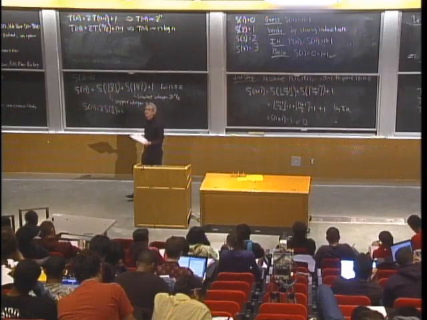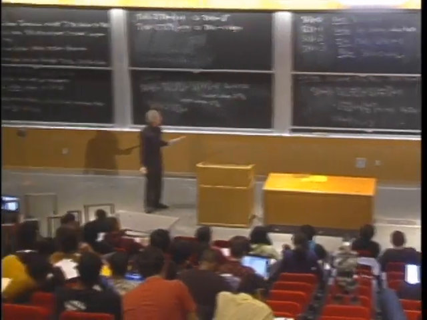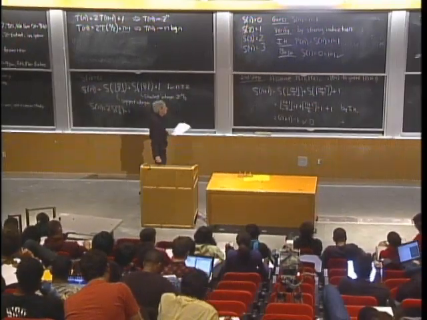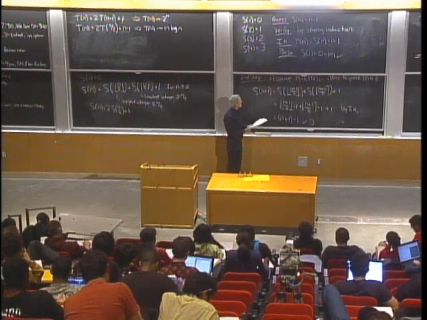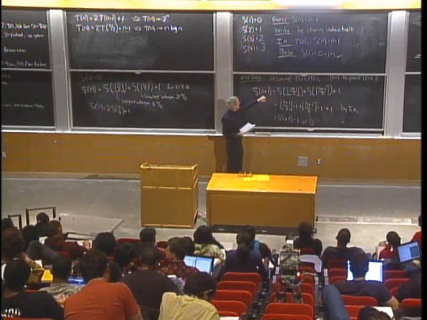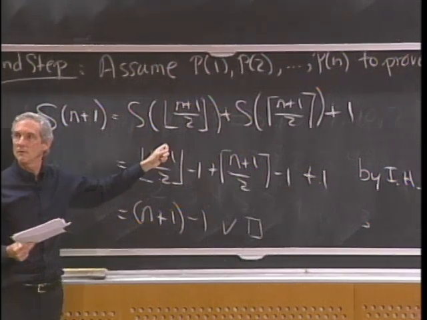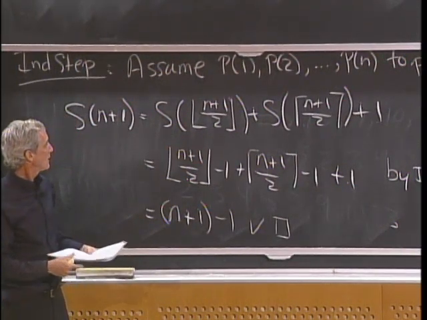Yeah? Why do you treat the whole thing in the floor brackets as the quantity n and then stick on the minus 1, as opposed to, say, making the n within that be n minus 1? Let's see, I'm not sure. So are you asking why I started S of n plus 1 here? No. Why you have the minus 1 on the side instead of inside the floor bracket?